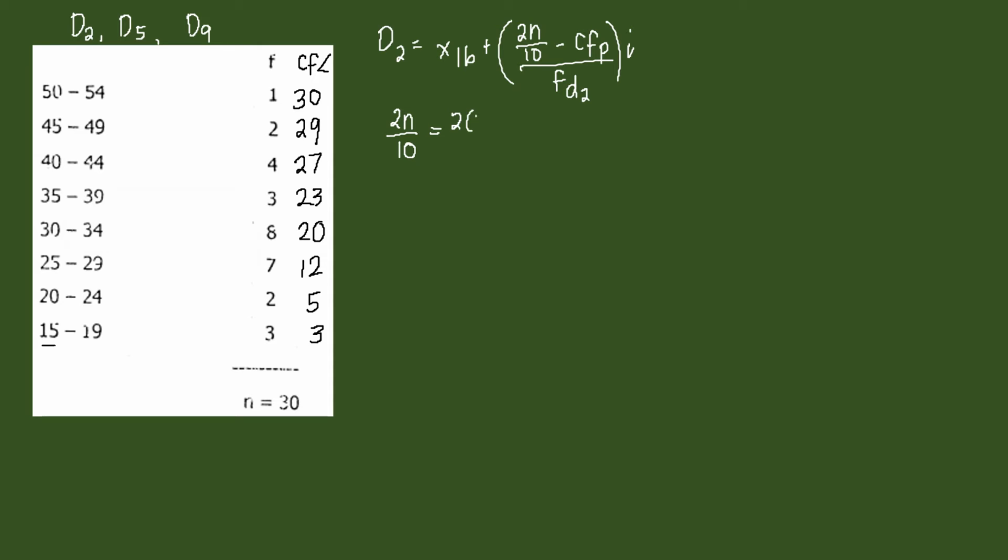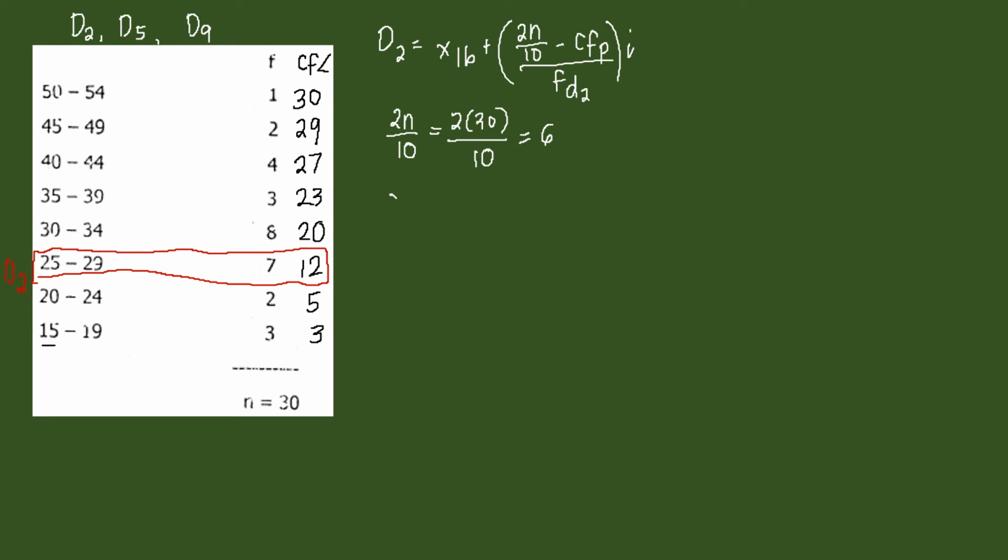So we have 2 times 30 divided by 10, and this gives us 6. Looking at the CF less than in the frequency distribution, since the CF here is 12, you can see there 6. Therefore, this is the decile 2 class.